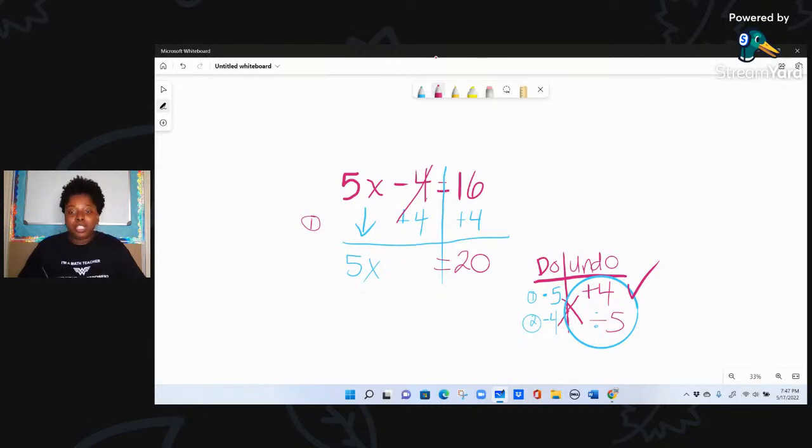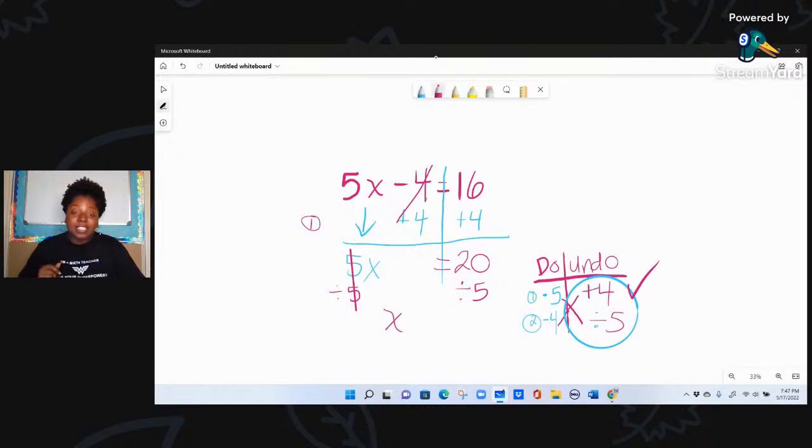Now I'm going to do step 2. Step 2 says divide both sides by 5. So I'm going to divide both sides of the equation by 5. My 5's cancel out, right? The multiplication and division cancel each other out.